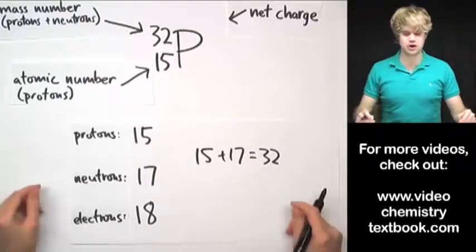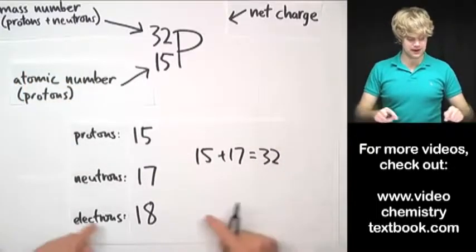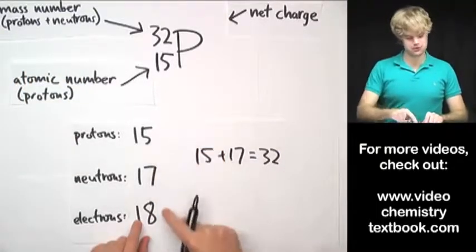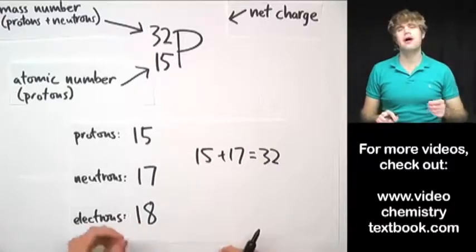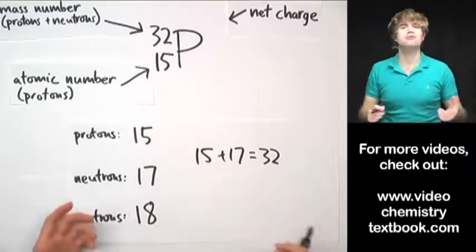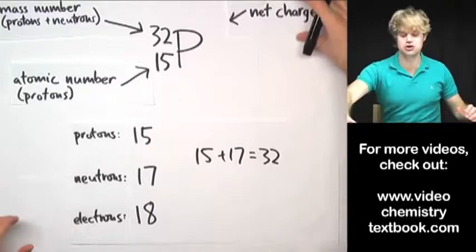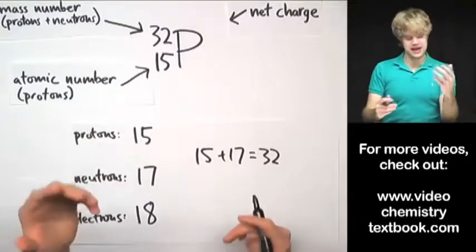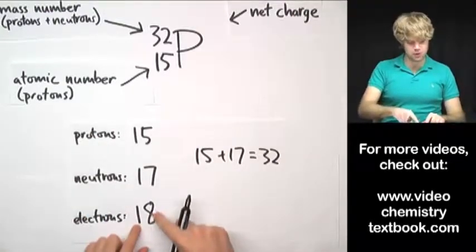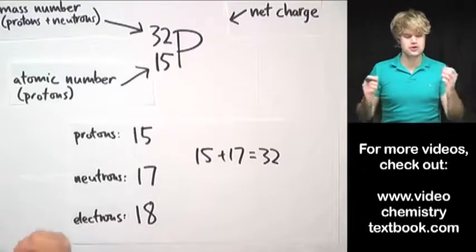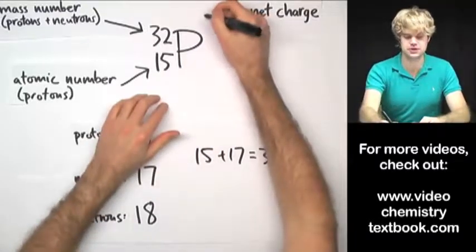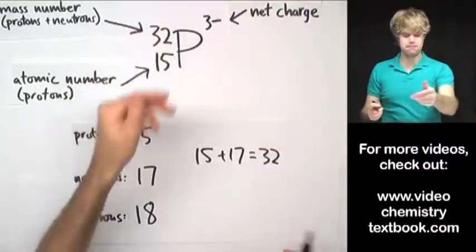And now the net charge. What's going on here? I've got my electrons and I've got my protons. In this example, I have more electrons than I have protons, which means that my net charge is going to be negative. I've got 3 more electrons than protons, so that means the net charge is going to be 3 minus.